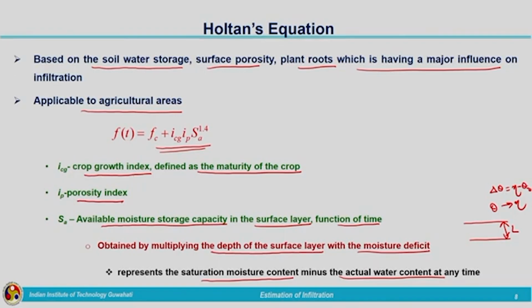That difference is responsible for storing extra moisture, extra water.